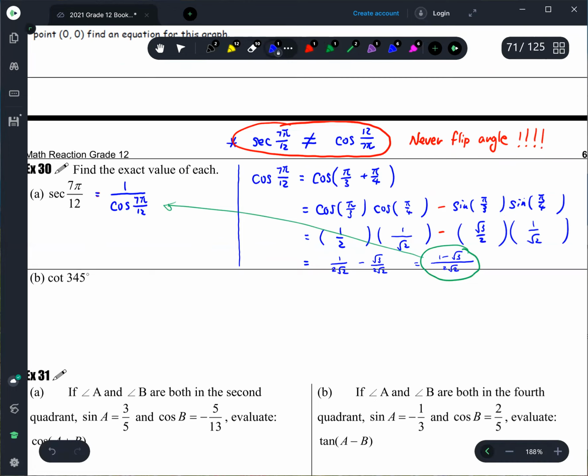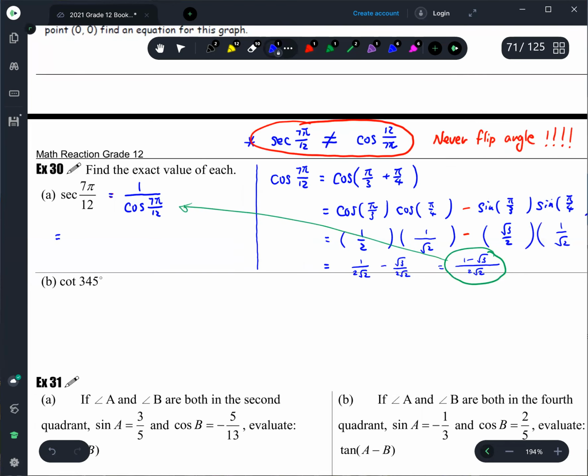So secant will be the reciprocal of your answer that you just got. So you flip it: 2 root 2 should be on top, and 1 minus root 3 will be at the bottom. Any questions so far? We are still not done.